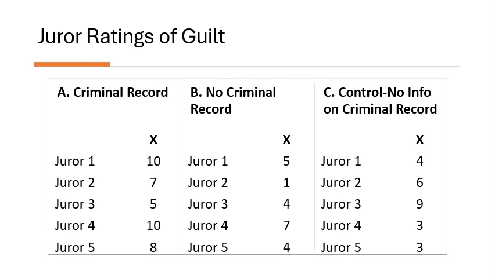And then in this last group, we had condition C, 5 individuals, and you can see their ratings of guilt of the defendant. So once again, we have a total of 15 individuals divided into 3 groups with 5 individuals in each group. The process that we're going through here is only appropriate when we have equal size groups, like in this example. The procedure is a little different if the group sizes were unequal, as they usually are, frankly.